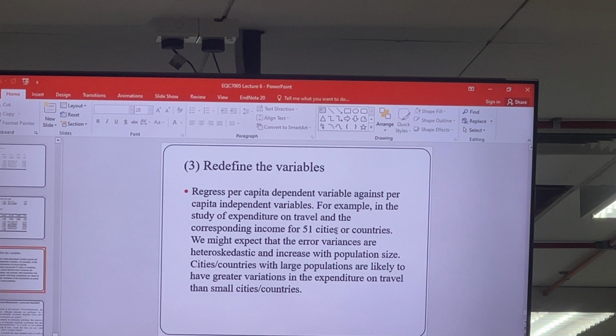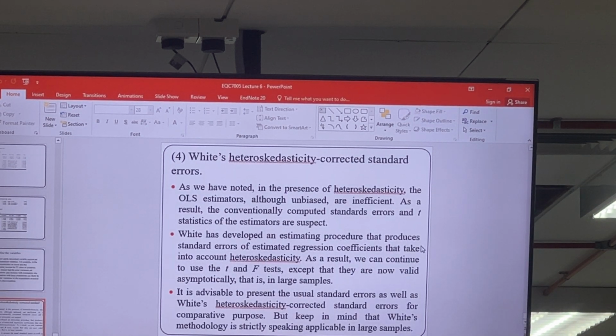So you have this kind of data, so you regress per capita against the per capita of the other independent variables. The last possible way is using the robust standard error. This one we call the White heteroscedasticity corrected standard errors. As we have noted, in the presence of heteroscedasticity, the ordinary least squares estimator, although unbiased, is inefficient.